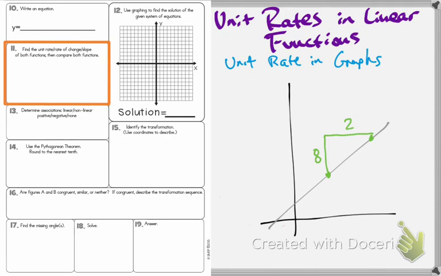If I do that, and I were to show that something, in this case, grows by 8 and changes by 2, well, we can simply create a fraction that shows us our rise over our run, which would give us 8/2 equals 4. And again, you can do this on any point that is in your graph, or any 2 points that are in your graph. So I could do that with another growth triangle of 16/4 equals 4, and that would also show you your same rate of change of 4.